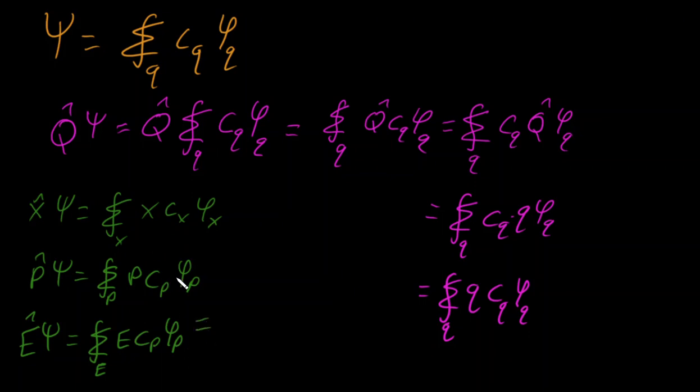This one's usually going to be an integral just because of how those variables work. So a lot of times you'll see this written as the sum over n of E sub n. Oh, this should not have been a p, this should have been an e. Hopefully you caught that. So E sub n, C sub n, phi sub e n, right?